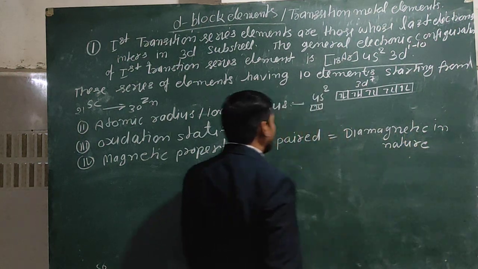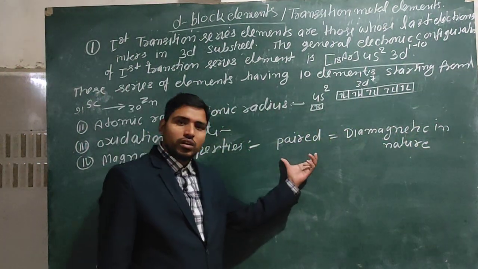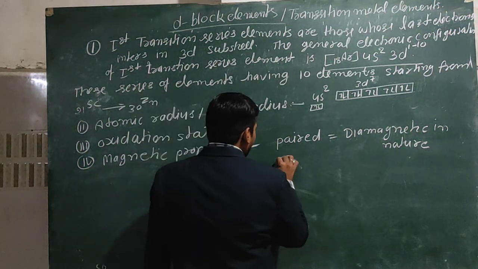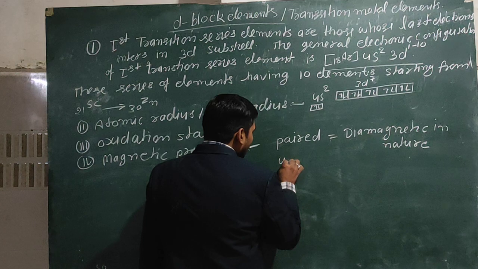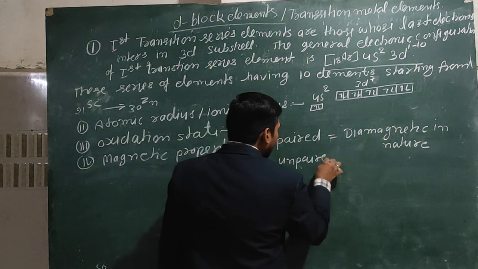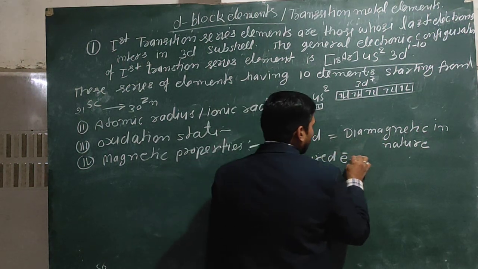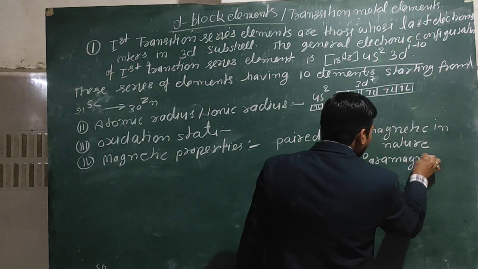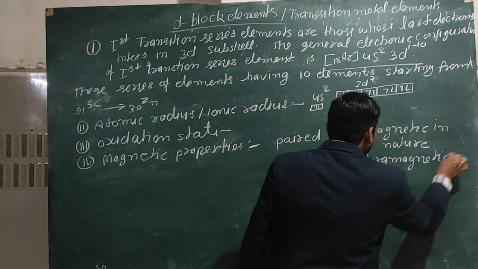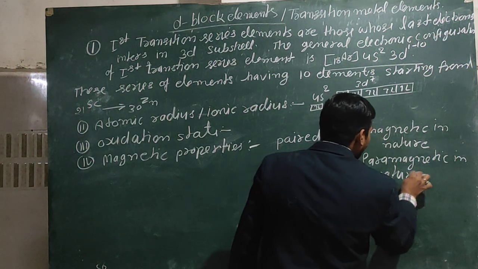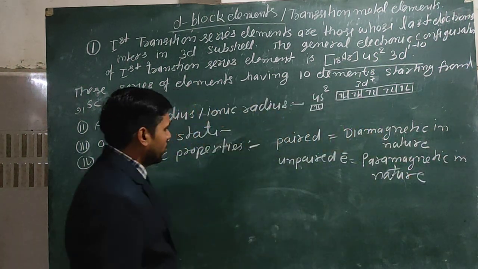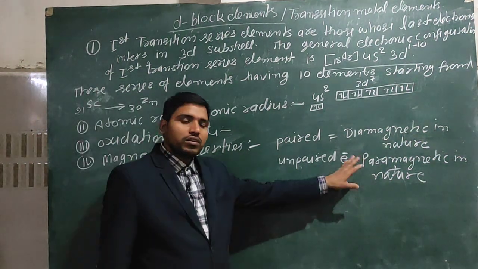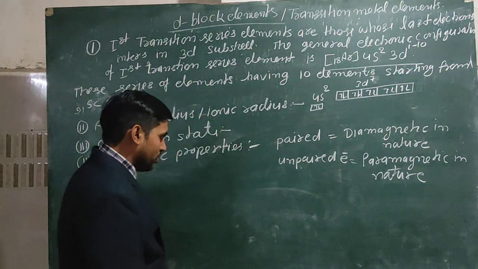The element which contains paired electrons in its outermost shell is known as diamagnetic, while the element with unpaired electrons is paramagnetic in nature. There are two types of property explained. First is diamagnetic, second is paramagnetic.